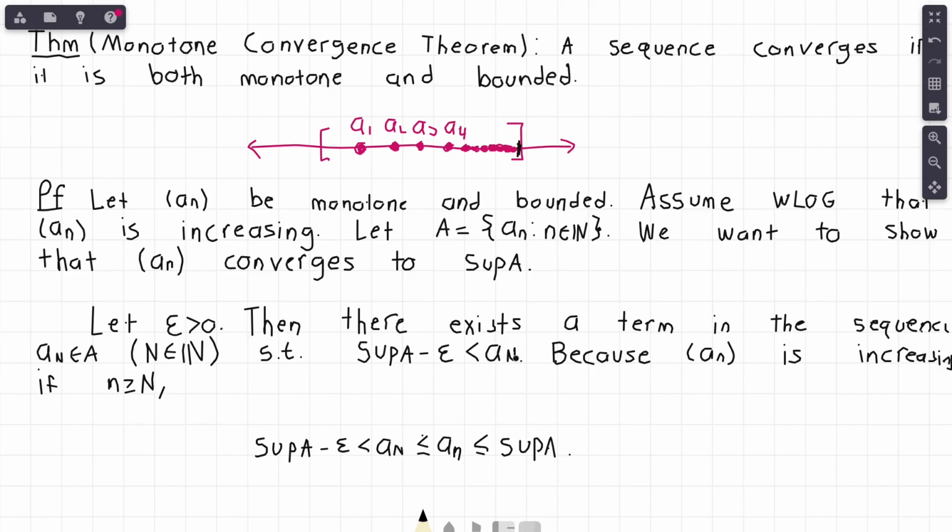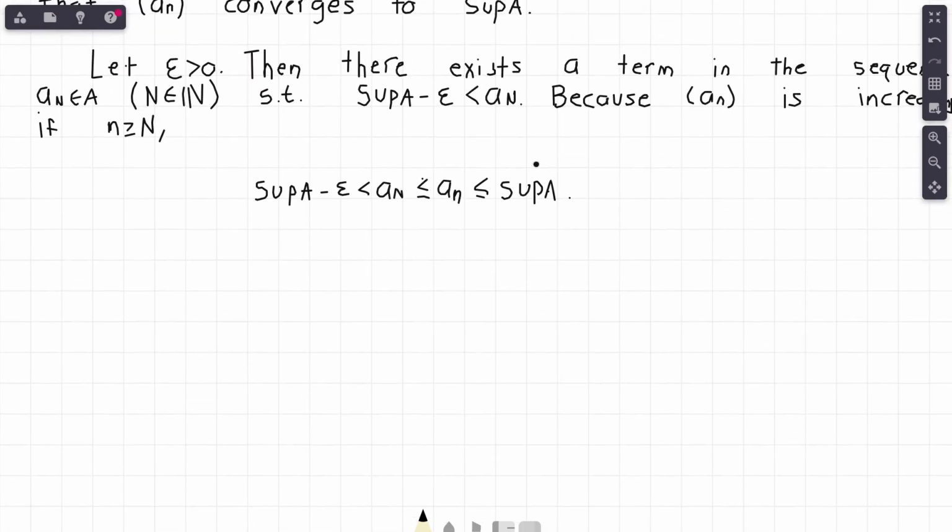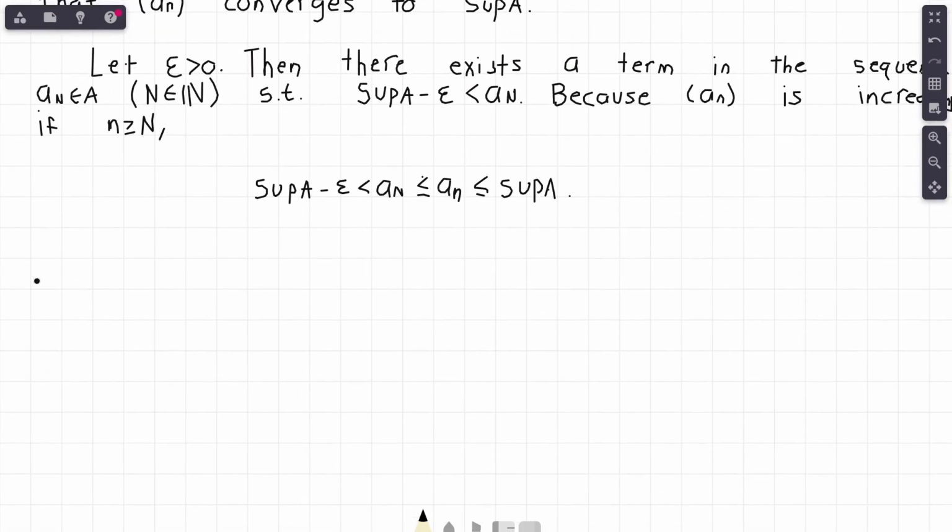Okay, so we found a capital N in the natural numbers, where if all n are greater than or equal to capital N, then a_n is in the epsilon neighborhood of the supremum of A, which is what we wanted to show. So we can say that therefore the absolute value of a_n minus the supremum of A is less than epsilon.